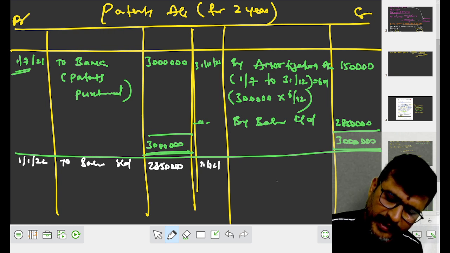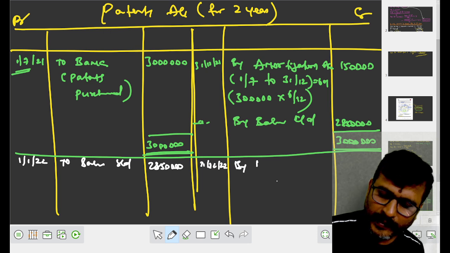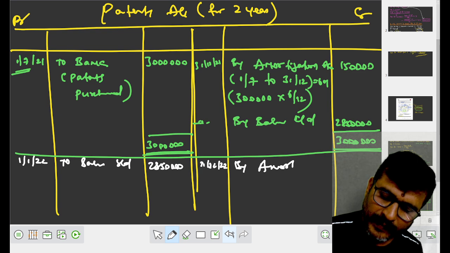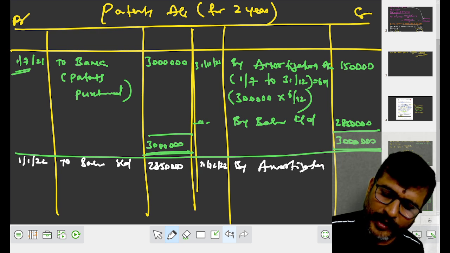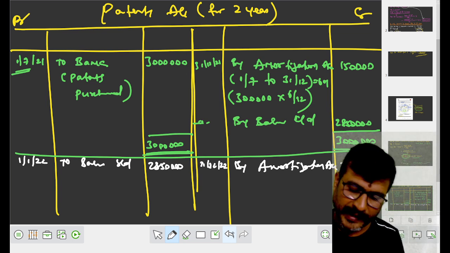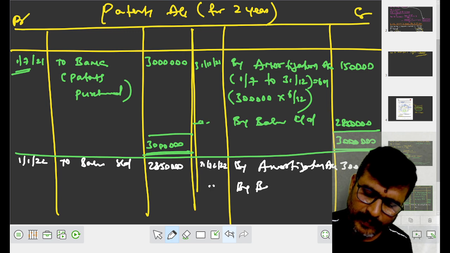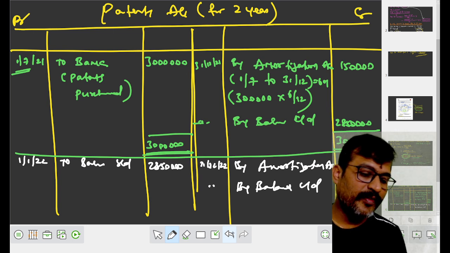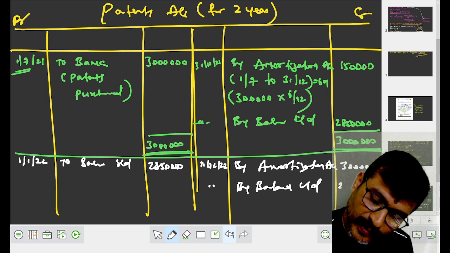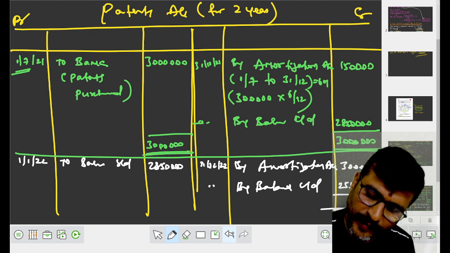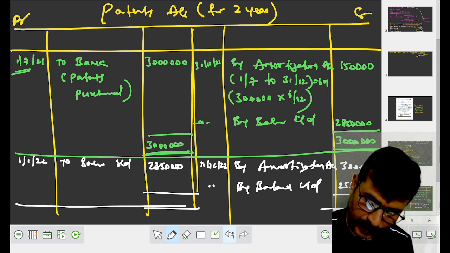Then 31st December 22. By what we have to write? Amortization account. It is how much in the second year? Full 3 lakhs. Date dot, by balance carried on. 28,50,000 minus 3 lakhs will gives you 25,50,000.